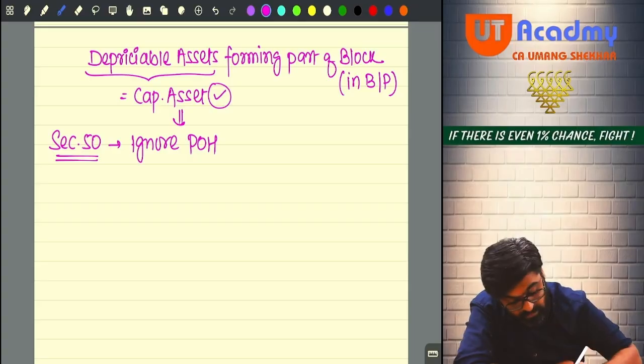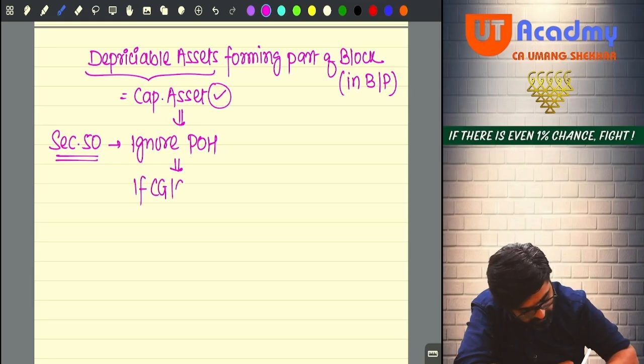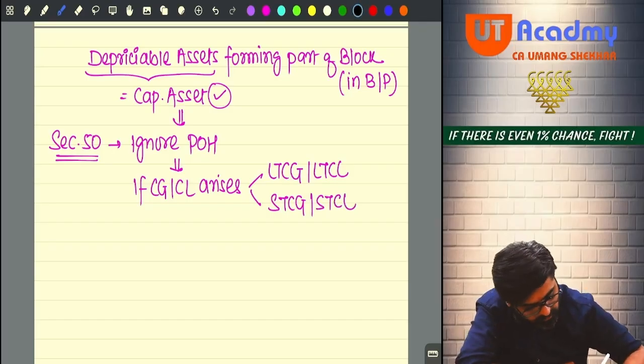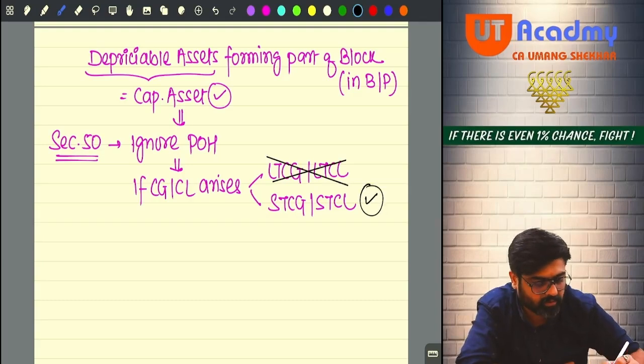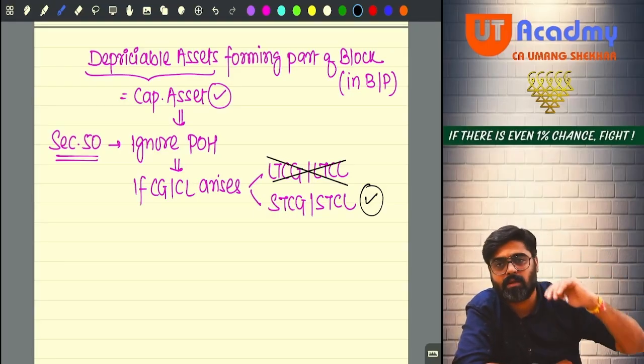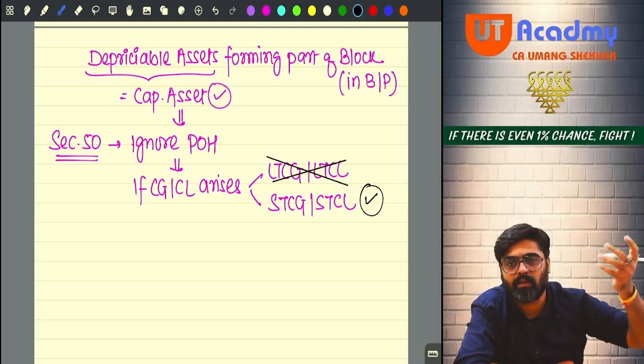And if capital gain or capital loss arises, that will always be short term. Always short term gain or loss will arise, because if you are not required to see the period of holding, you will not know whether they are long term or not.